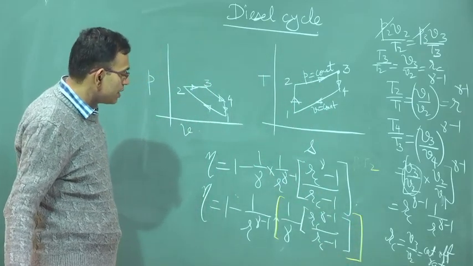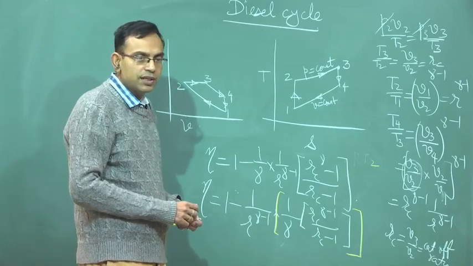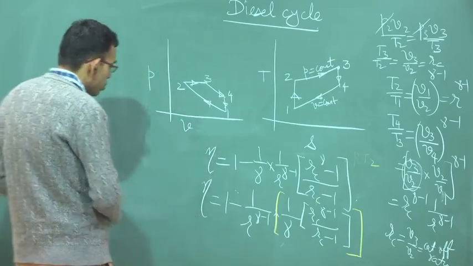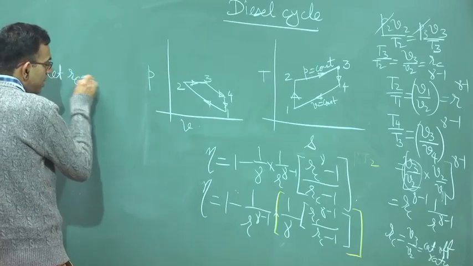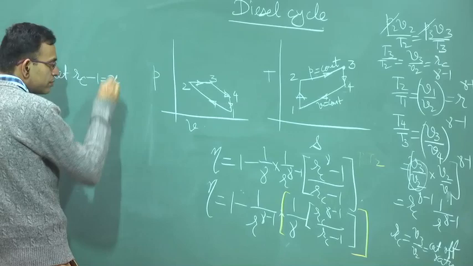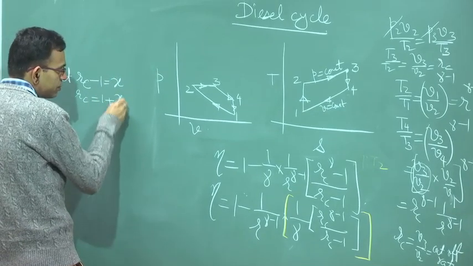So let us see whether this multiplier is greater than 1 or less than 1. For that, let RC minus 1 be equal to x. So RC is equal to 1 plus x.